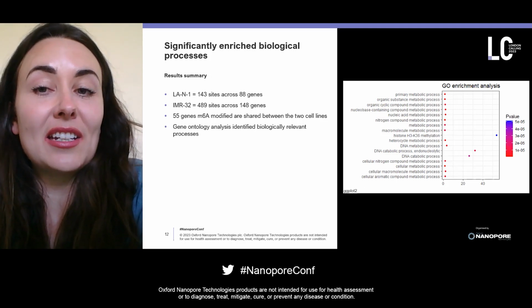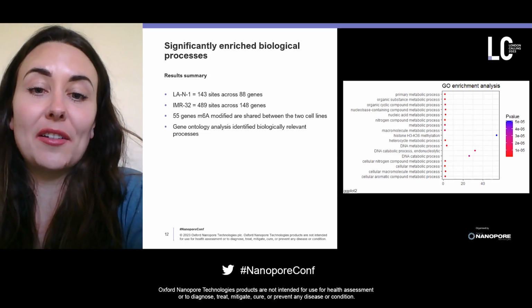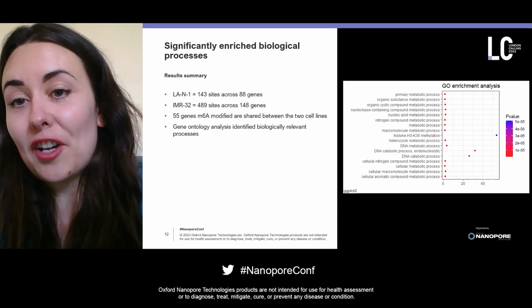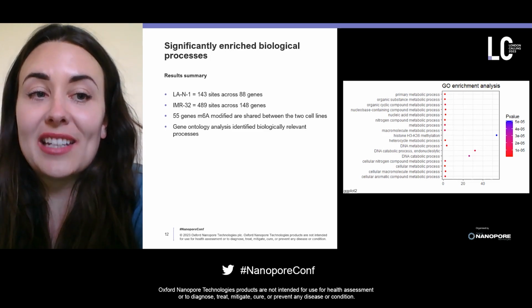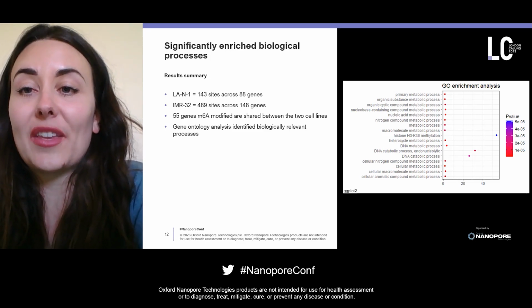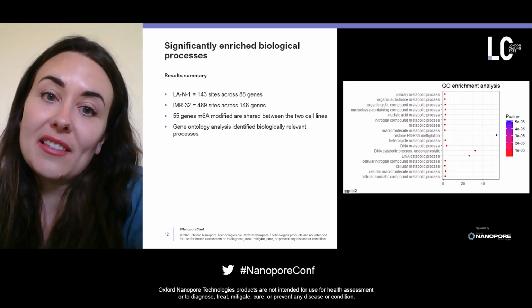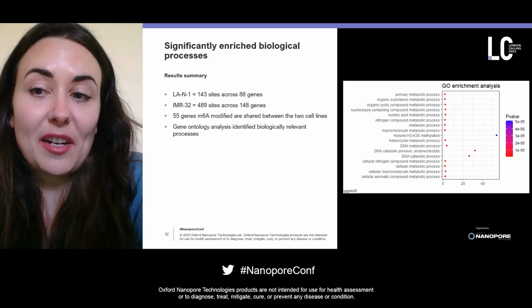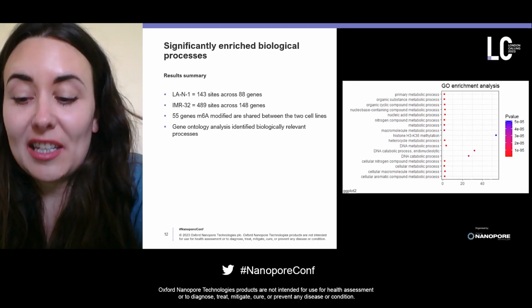And gene ontology analysis identified biologically relevant processes. So in the example that I've shown, that's from IMR-32, where there were more genes, so we actually got more enriched processes. But actually, with the 55 genes, the process that was highly significant was histone H3K36 methylation.